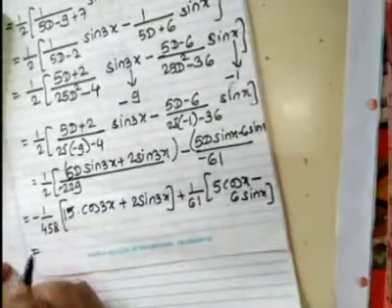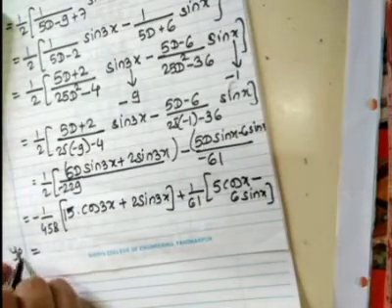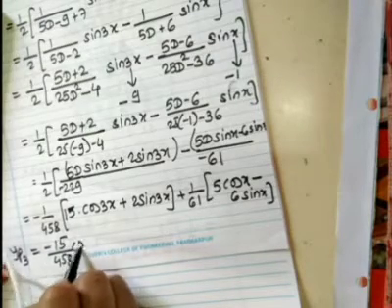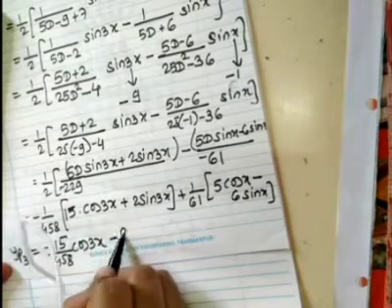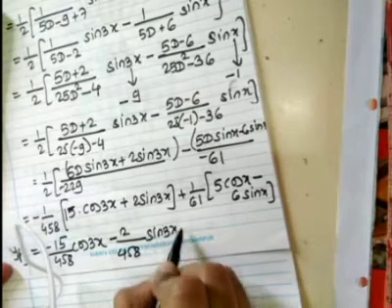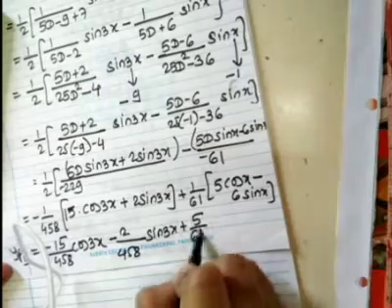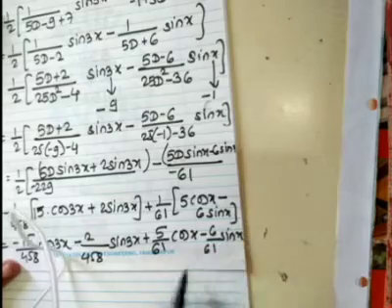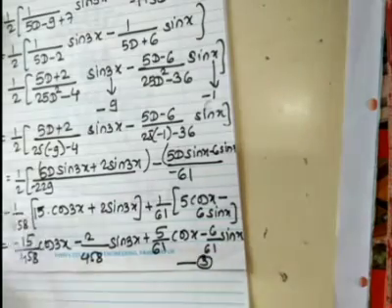Okay, done. This is your YP3: minus 15 upon 458 cos 3x minus 2 upon 458 sin 3x plus 5 upon 61 cos x minus 6 upon 61 sin x. Call it equation number 3.